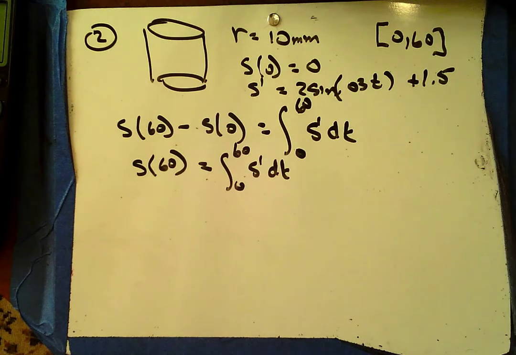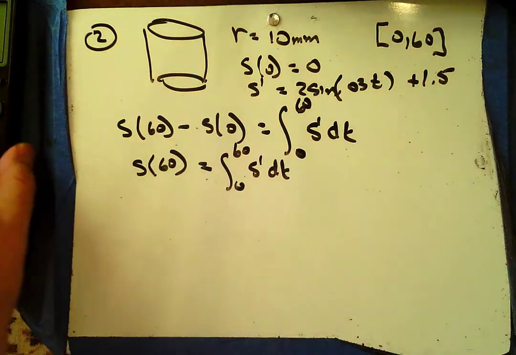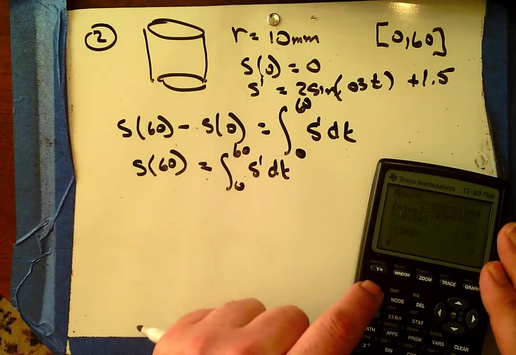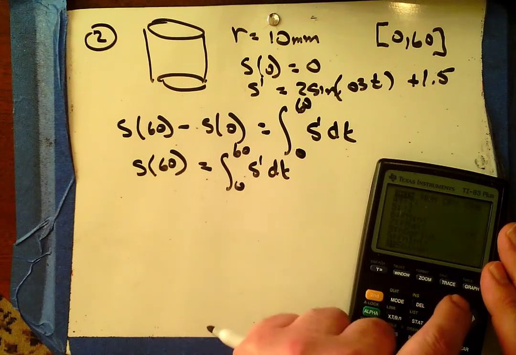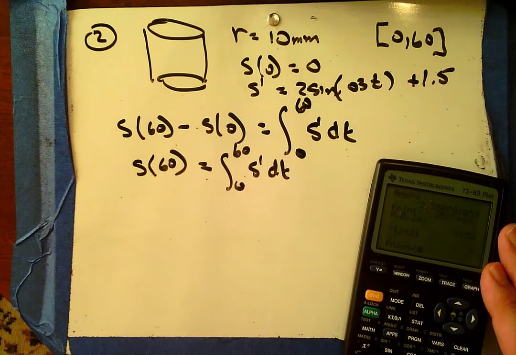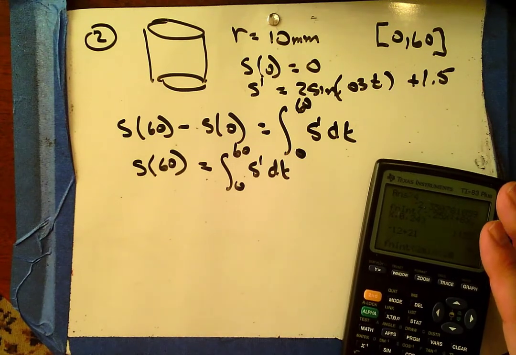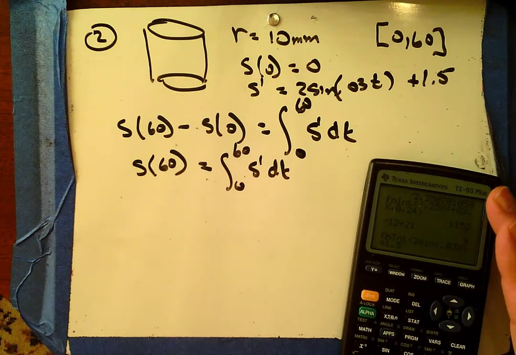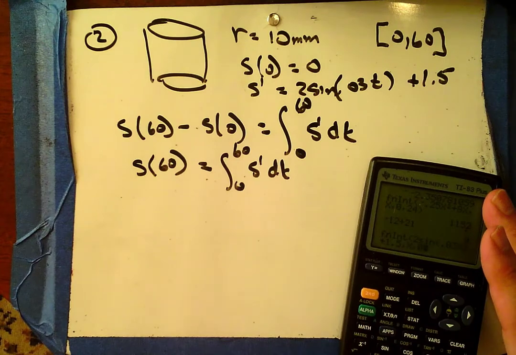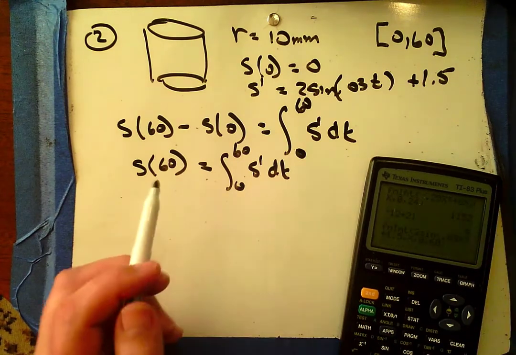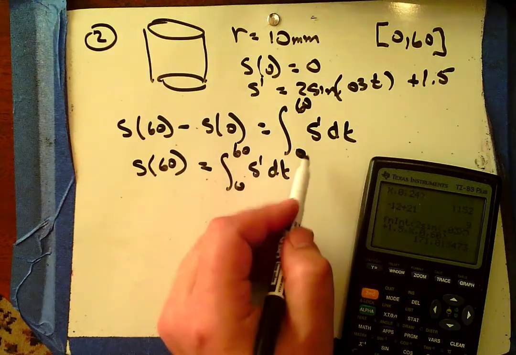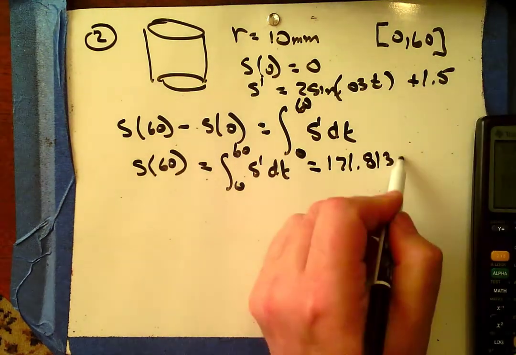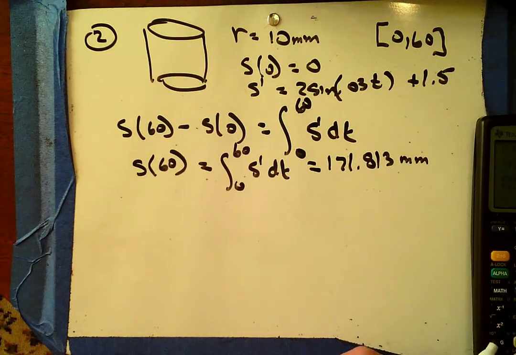Let's take a moment to do this on the calculator. I need to be in radians, and I need to do math, integrate, and we are integrating 2 sine of 0.03 x, close parentheses, plus 1.5, comma x, comma 0, comma 60. Okay, and I end up with 171.813 millimeters high at time equal to 60.